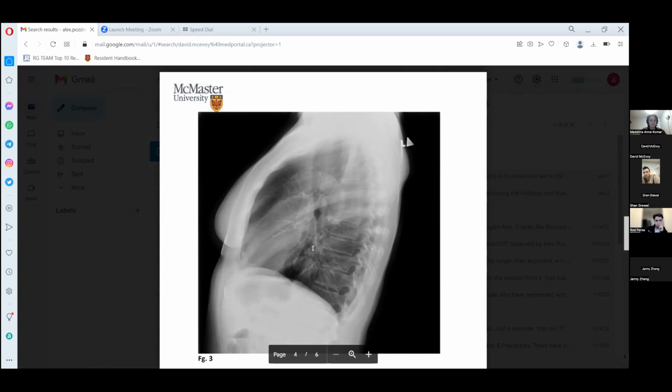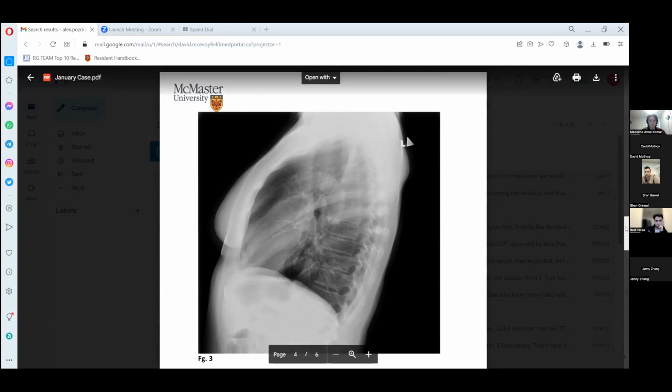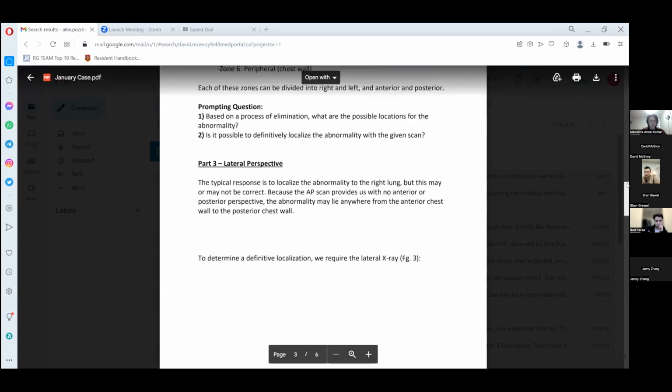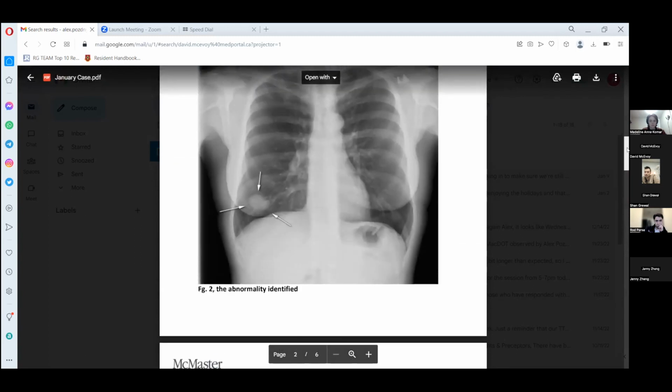If we look here and try to correlate where our hilum is, it's here, but here we notice there's maybe some opacity. It's a little bit more than expected, the amount of hyperdensity here. So I guess this would be quite suspicious, and if we localize it to the area where we saw it on our radiograph, it's on the right side.